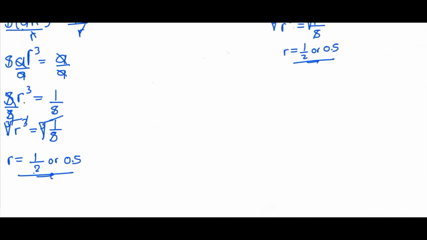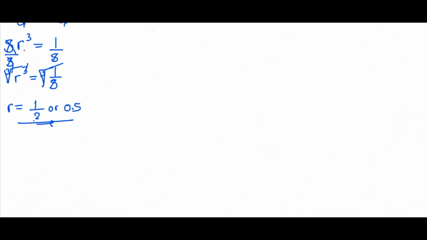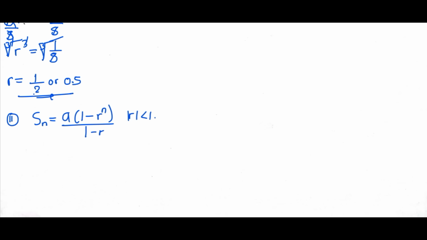The sum of the 12 terms. So the formula is sum is equal to, since our common ratio is less than 1, this will be a times 1 minus r raised to the power n over 1 minus r. So let's do substitution.